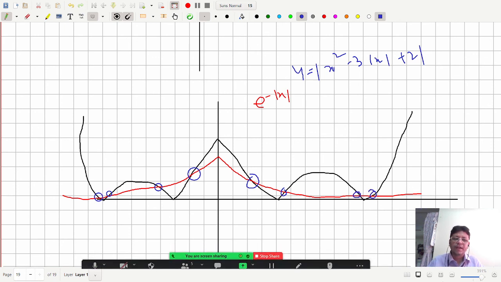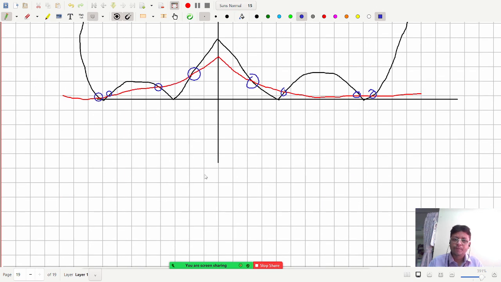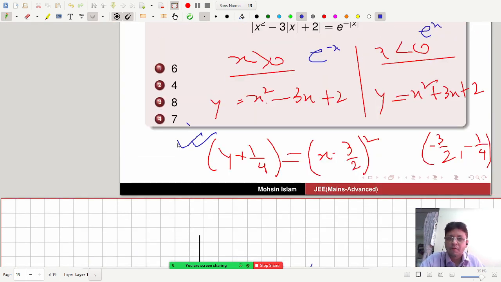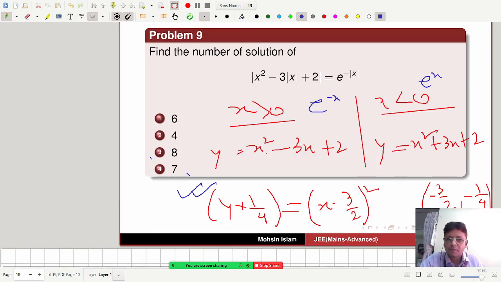So you have 8 intersection points. So that's the different types of graphs we have explained, and your answer will be C.